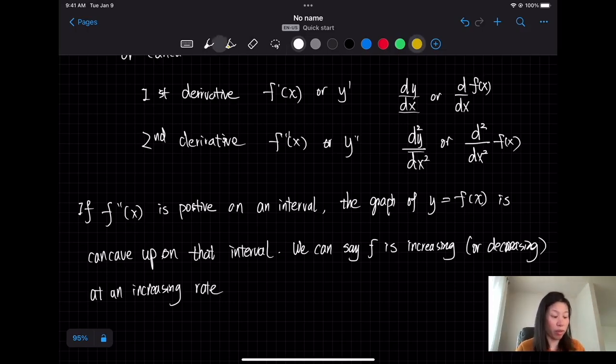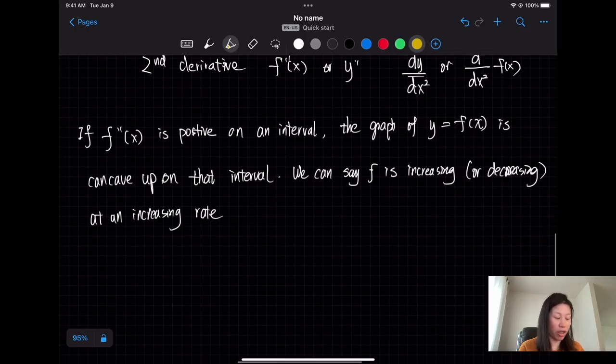Oh, here is something very important. First of all, the second derivative is not determining whether the function is increasing or decreasing. As you can see, now let's take a look.